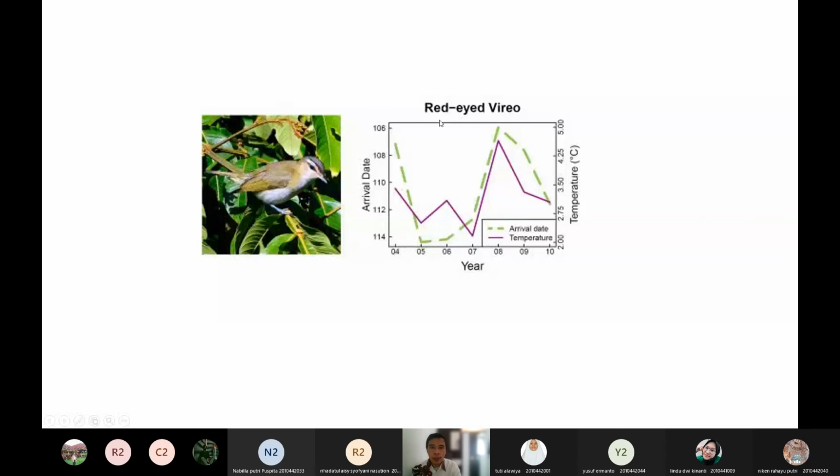So here, for example, in this bird species, the study showed that the arrival date is closely related to the temperatures of the regions. So when the temperatures increase, the date of arrival could also change.